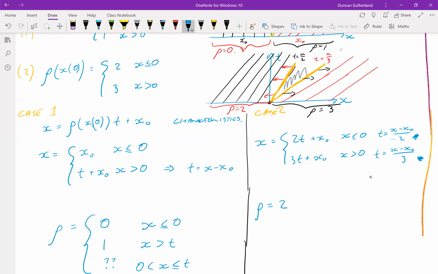if we are less than this line. That means x less than 2t. For some reason, we always cast these up in terms of x rather than in terms of time. I guess the spatial coordinate is more interesting to think about than the time coordinate.